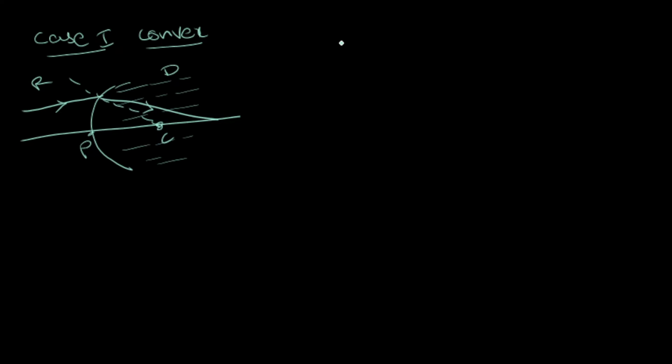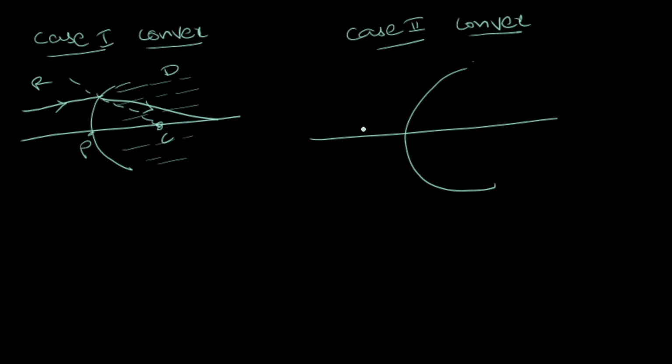Okay, and coming to case 2 for convex mirror or convex curved surface. Okay, I'm taking a convex surface, and this convex surface acts as the interface between the denser medium and the rarer medium. Here I have the denser medium, and here I have the rarer medium.